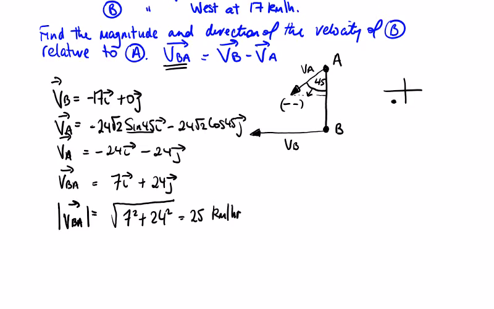And the angle, the inverse tan of 24 over 7, is going to give 73.7 degrees. And let's see what direction that is. So the velocity of B relative to A is plus plus. Plus plus is up here, so that's northeast.